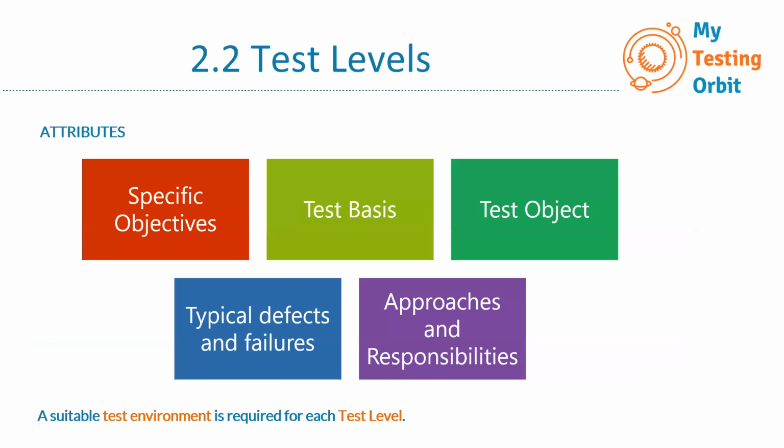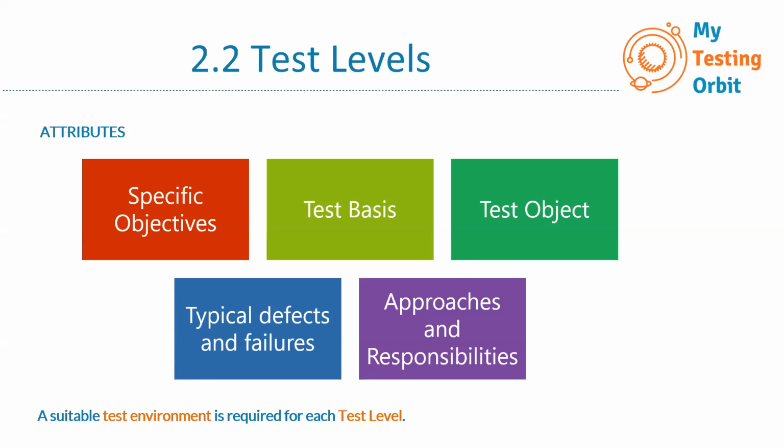Secondly, for each test level there are a few attributes, and we will go through all of them today for the different test levels. First, the definition of each test level. Then each test level has a specific objective. Then the requirements of that test level, which are the test basis. Third is the test object, that is, what we actually need to test against the test basis.